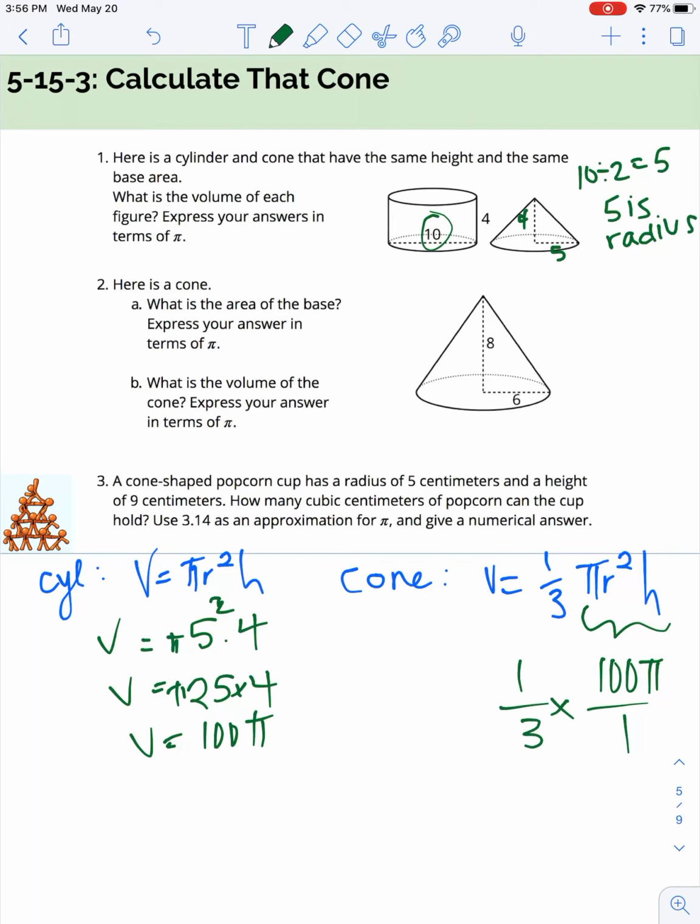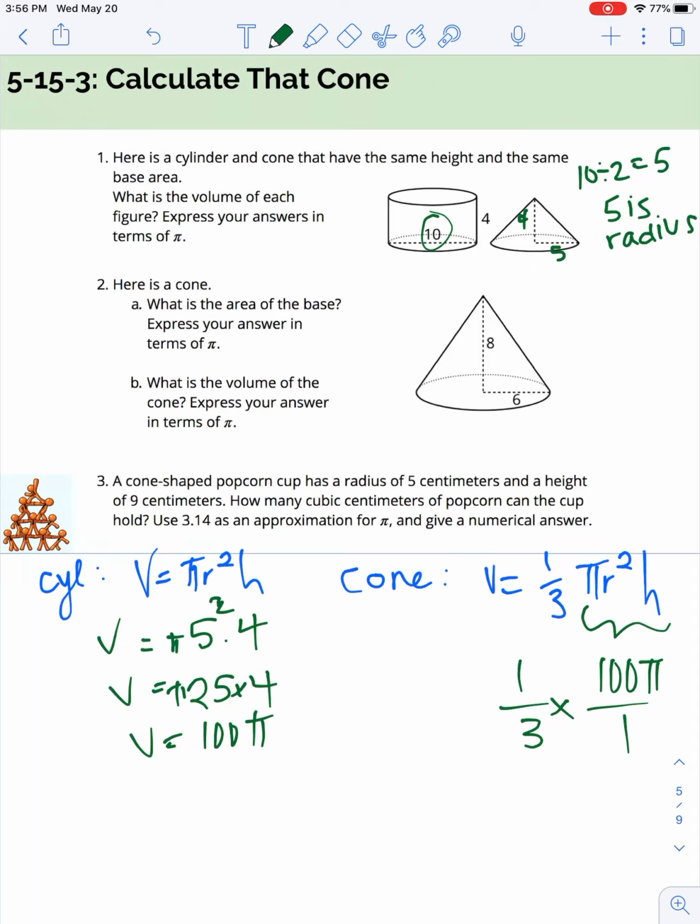So you're pretty much splitting 100 into 3 parts, and you keep the pi.